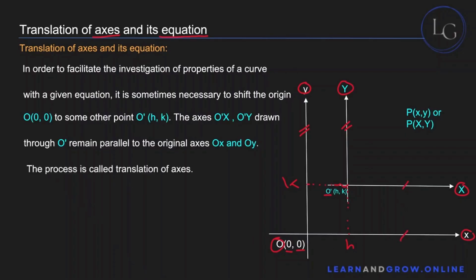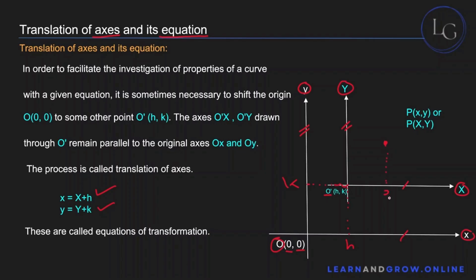But now let's discuss the equations. So these are the equations of transformation, right? So basically what this means is, if you had, say, this point over here, say according to the new axis, it's at 3 on the x-axis and 3 on the new y-axis, but you needed to find its value in the old axis, right?